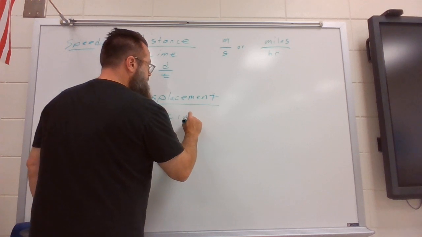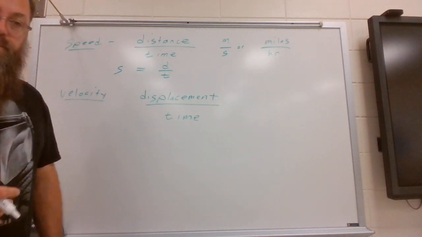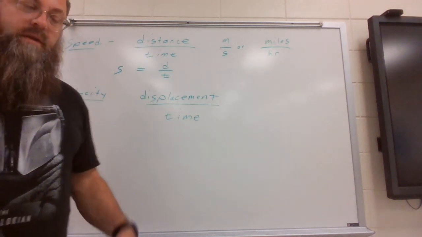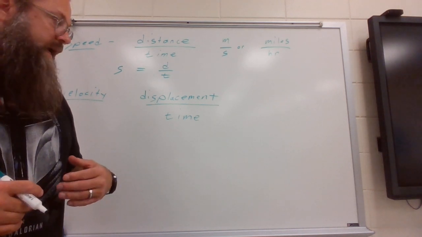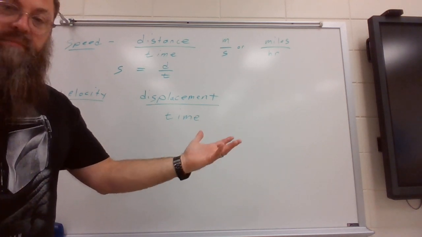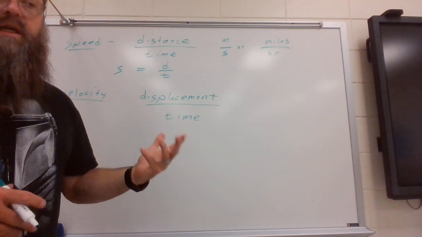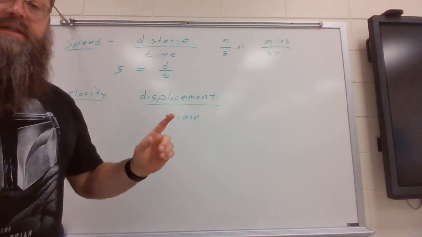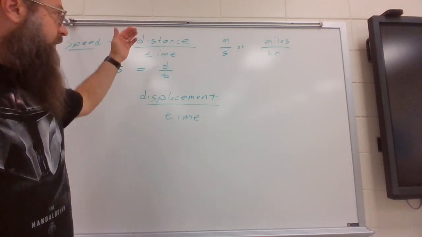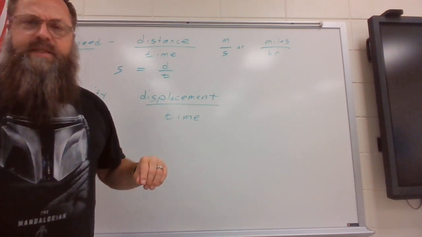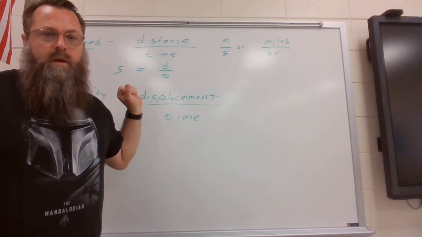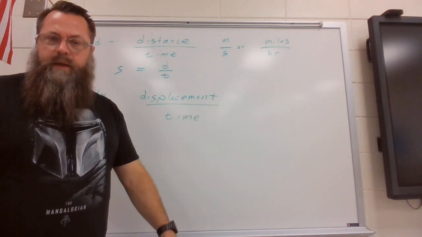All right, so displacement. Displacement is another word that we use to explain an amount of meters, feet, inches, miles, some sort of distance. But the difference between distance and displacement is that with displacement, we need to know what direction we're going.